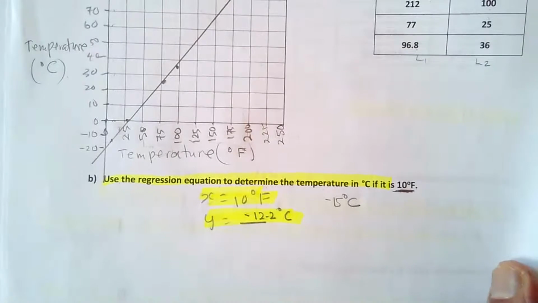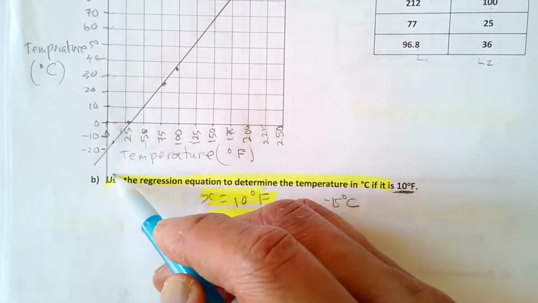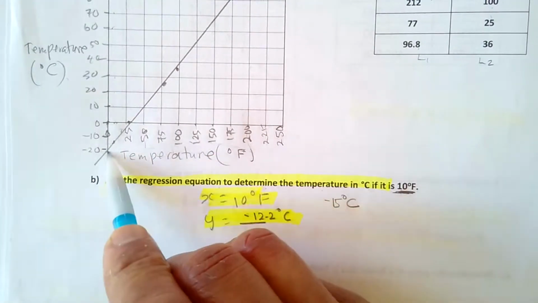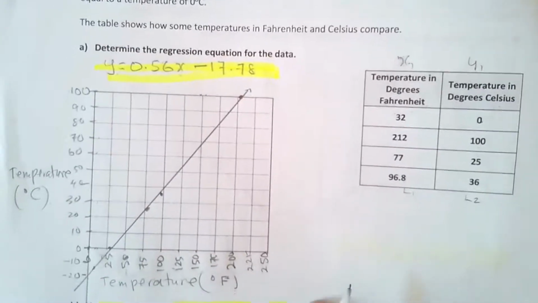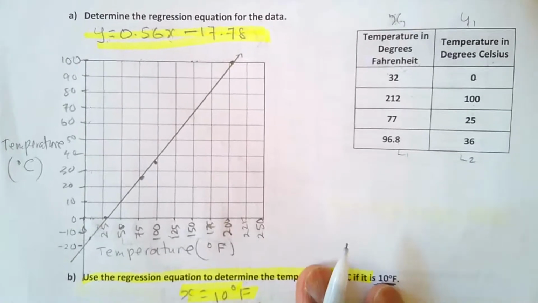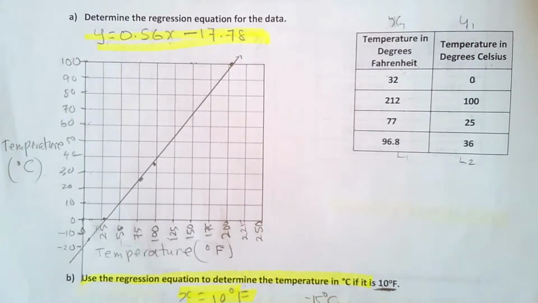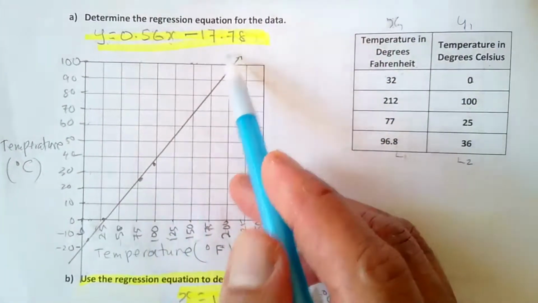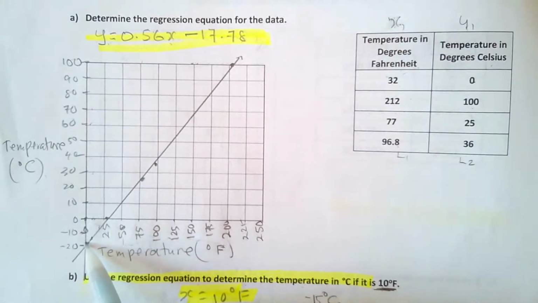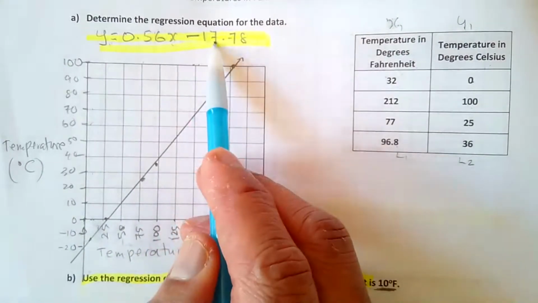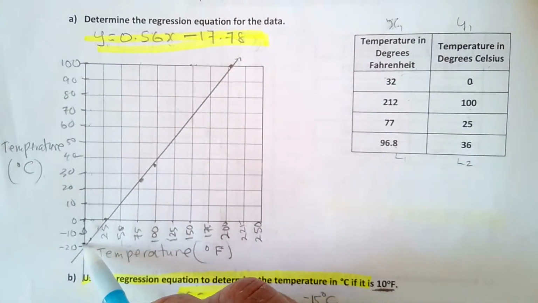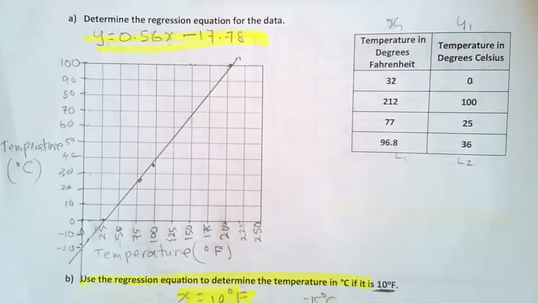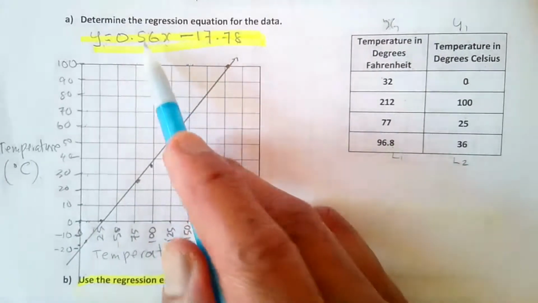One example which we did, where we had to extend our y-axis to negative, was the question about the temperature comparison of Fahrenheit and Celsius. In this case, the y-intercept, this was my estimate, would be -17.78. And the slope is a positive slope, so it's 0.56.